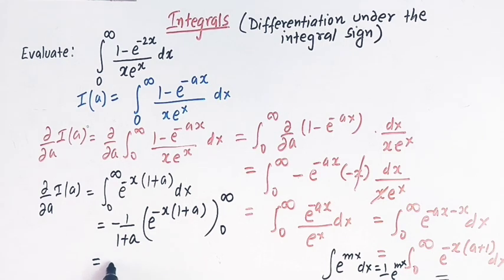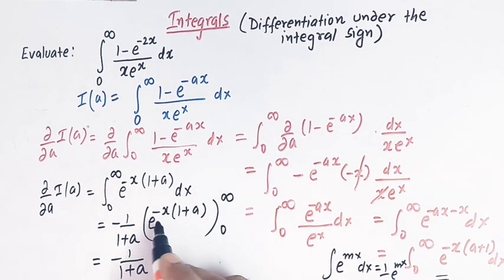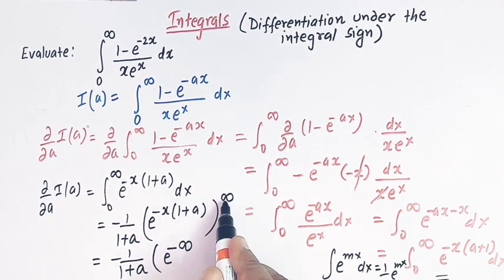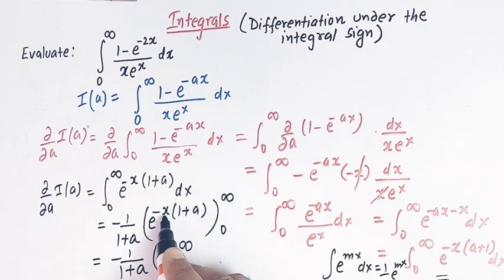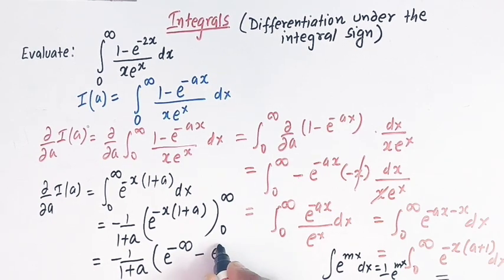So now we have minus 1 over (1 plus a), and substituting the limits here, we take x equal to infinity, so we have e^(-infinity), minus e^(-0).